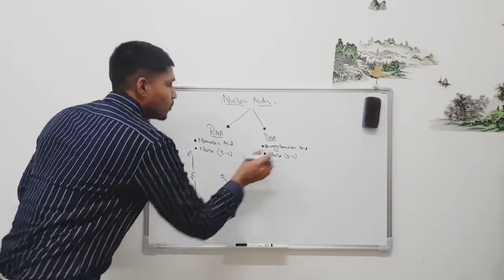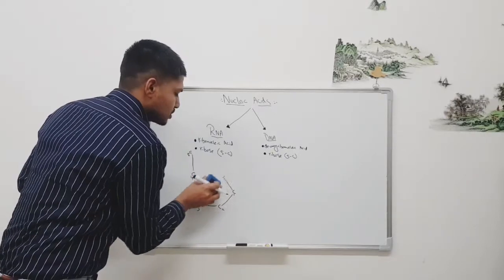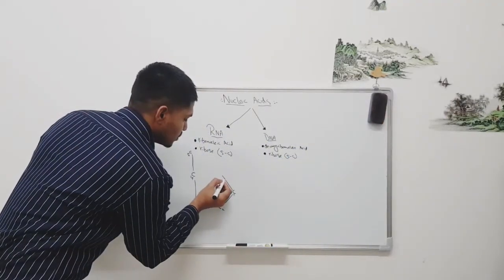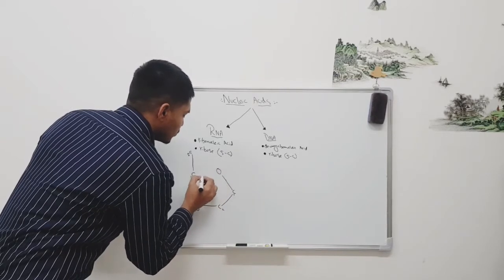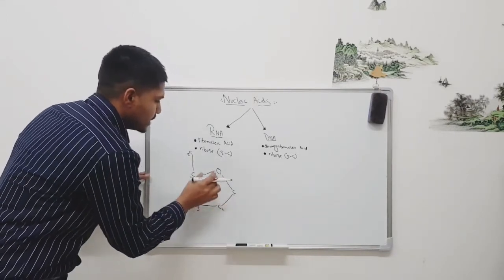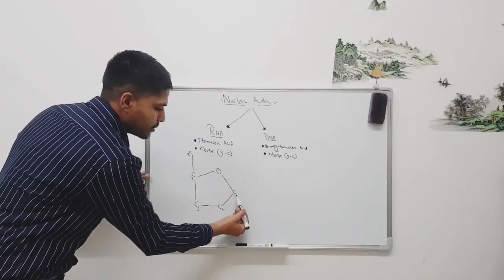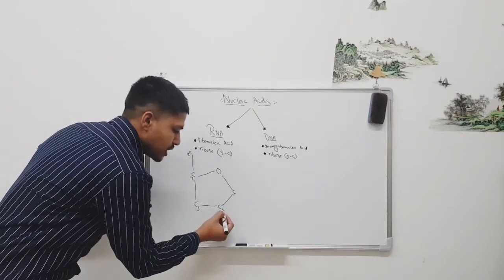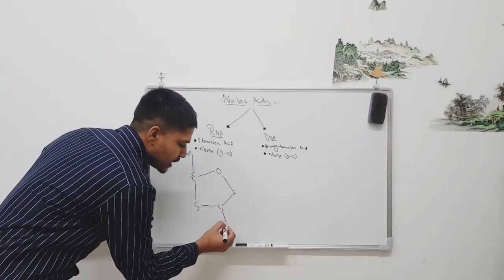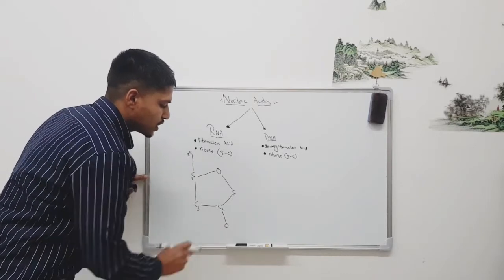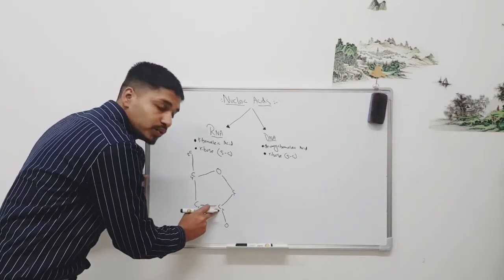The structure I drew is a little irregular, just let me redraw it. It's an oxygen molecule, and here we go. Now look at this. It's a 5-carbon ring structure, carbon number 1, 2, 3, 4 and 5. On carbon number 2, you will find an oxygen molecule attached.